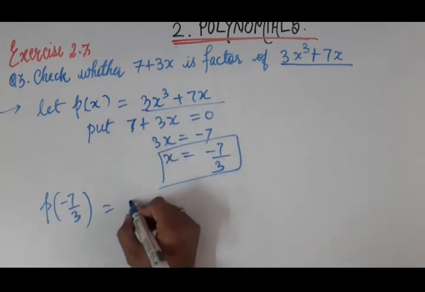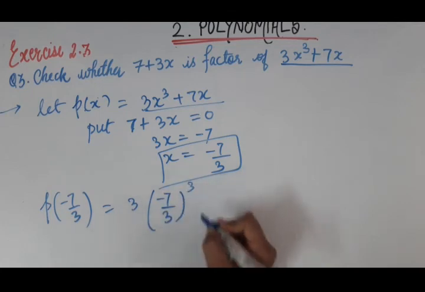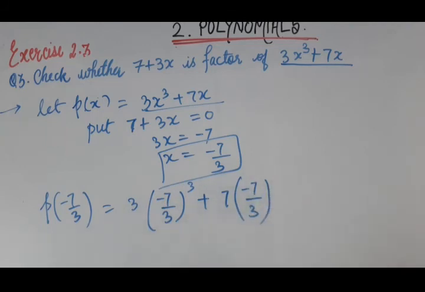So you will get p of minus 7 by 3 equals 3 into x cube, that is, minus 7 by 3 cube, plus 7x, that is, 7 into minus 7 by 3. What do we get? 3 into minus 7 cube over 3 cube. A negative number raised to an odd power gives a negative answer.